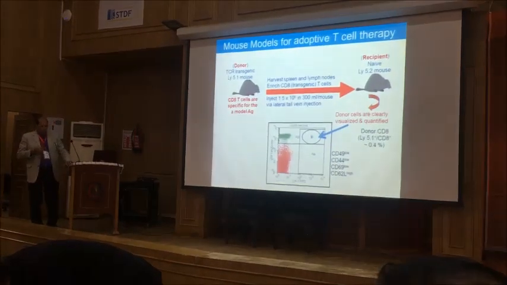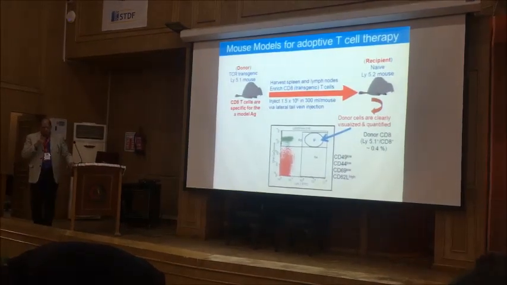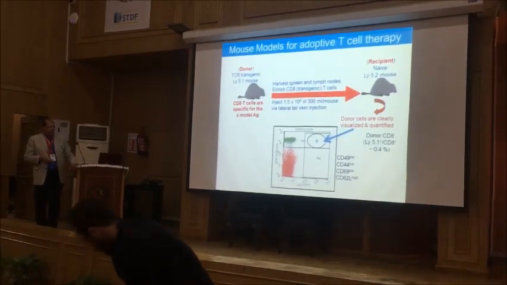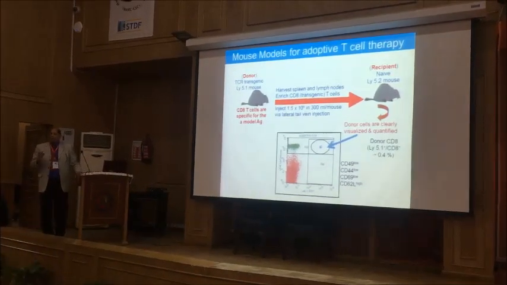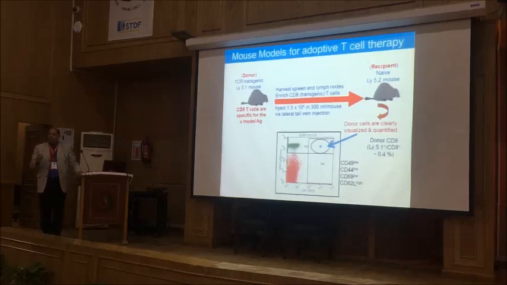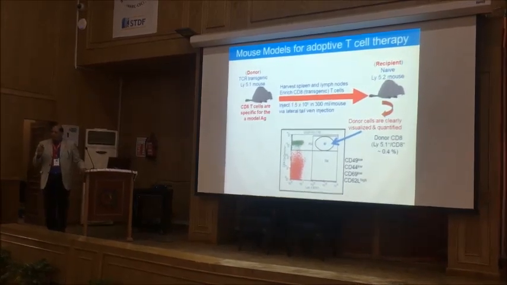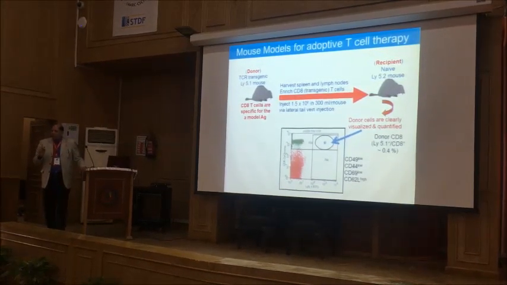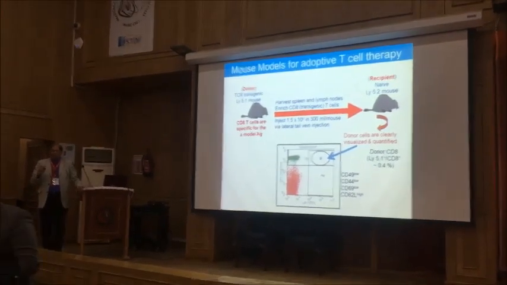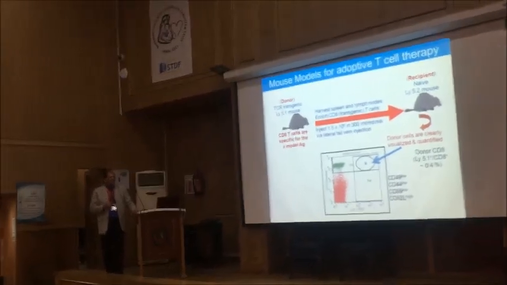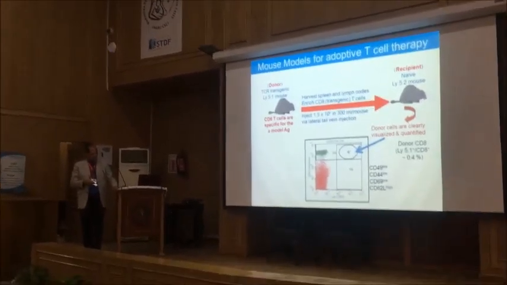We started with animal models. There are very nice transgenic animal models, in which the CD8 cells are genetically engineered to specifically recognize a specific tumor antigen, in this case melanoma. We use this just as a model.